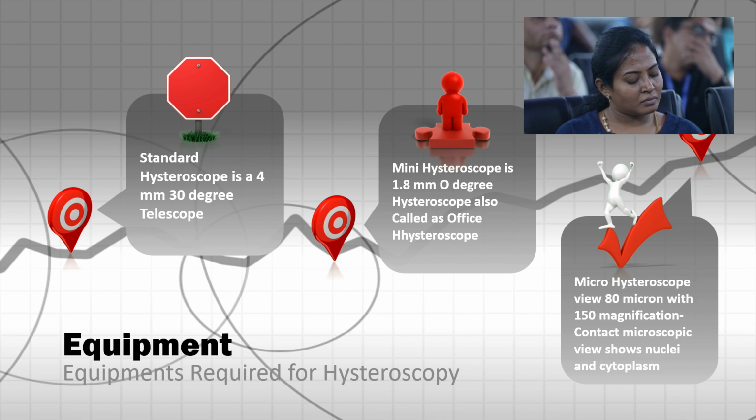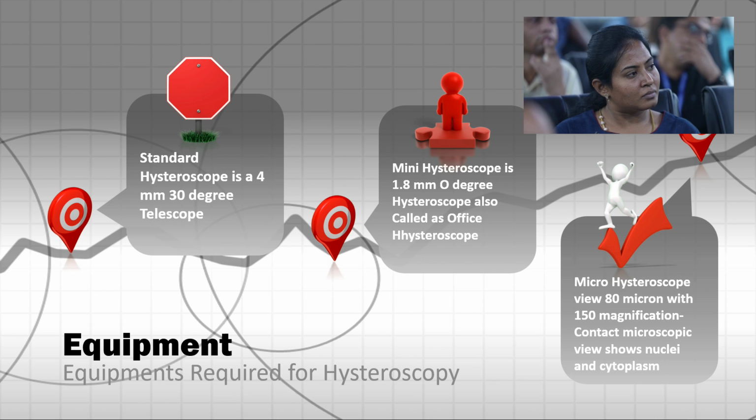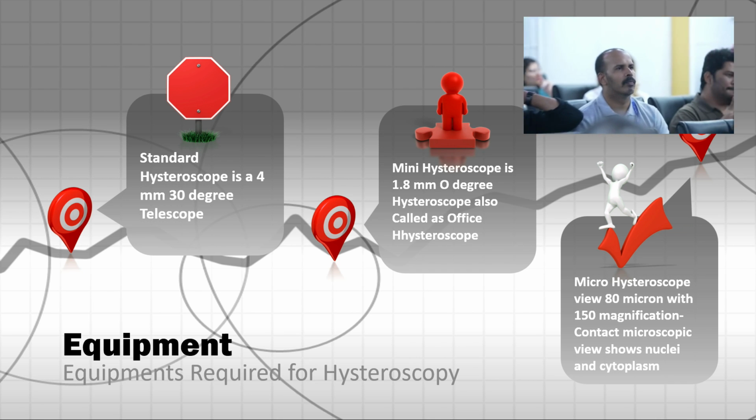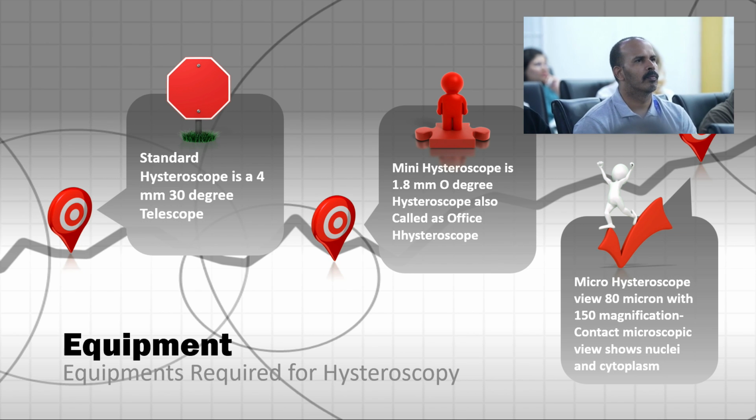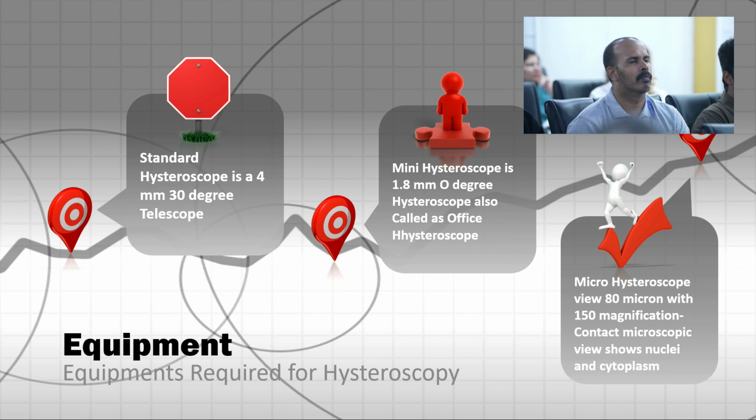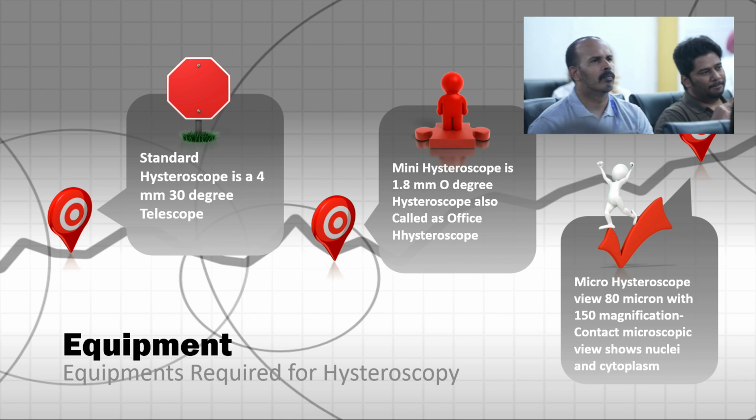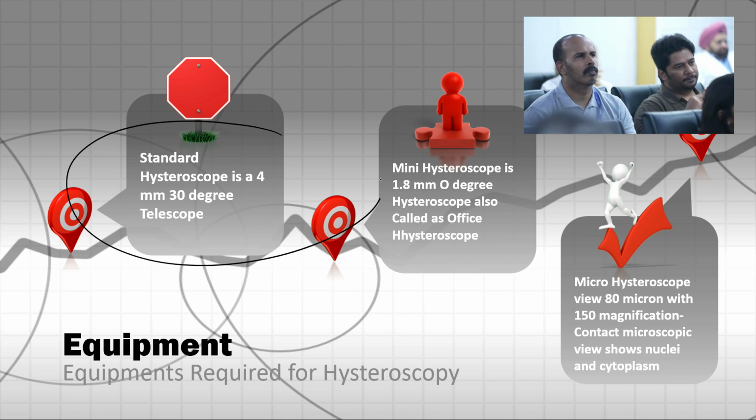That has the advantage that even the cytoplasm and nuclei of the endometrial linings you can visualize. But that is used by embryologists to check the different types of proliferation of endometrium. That is not used by us. Generally, our work is only with the standard hysteroscope and mini hysteroscope. Micro is not used for surgery purposes.